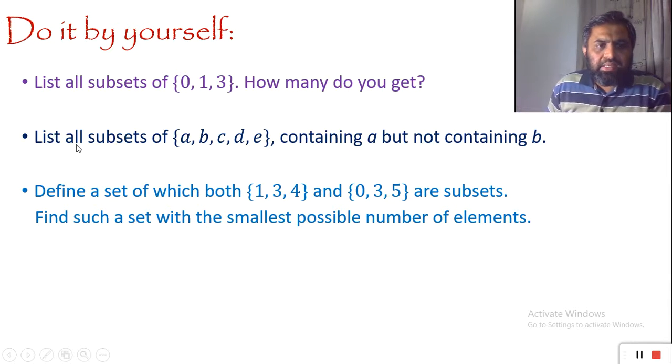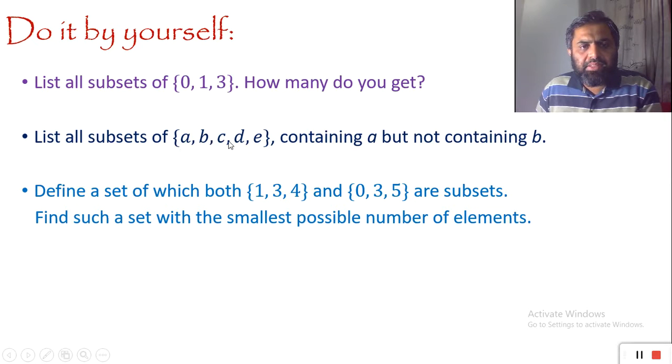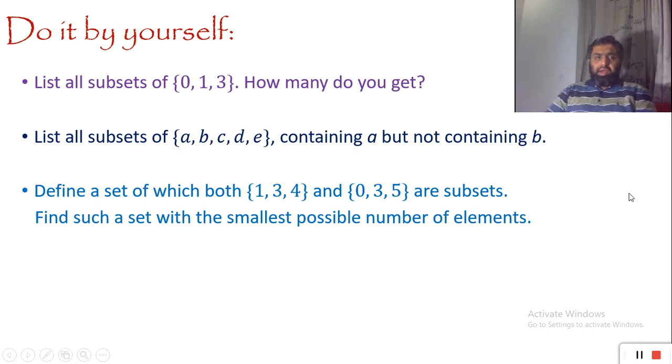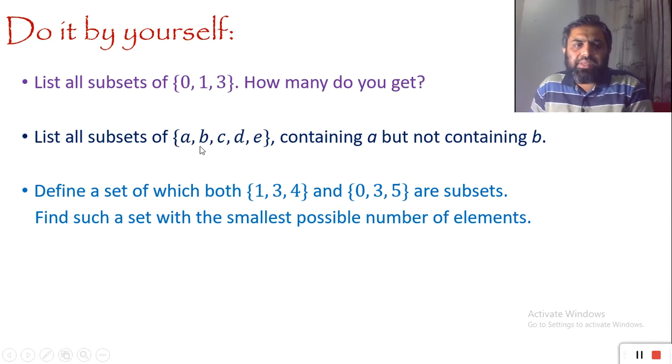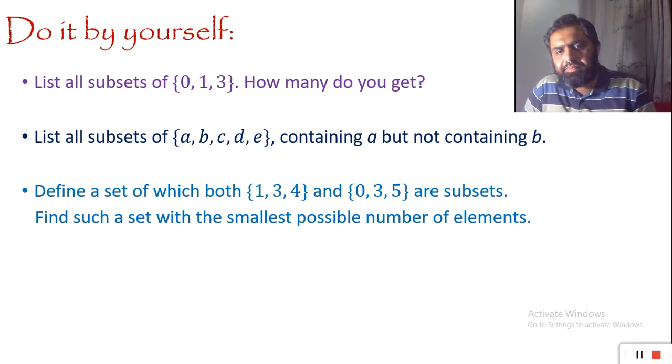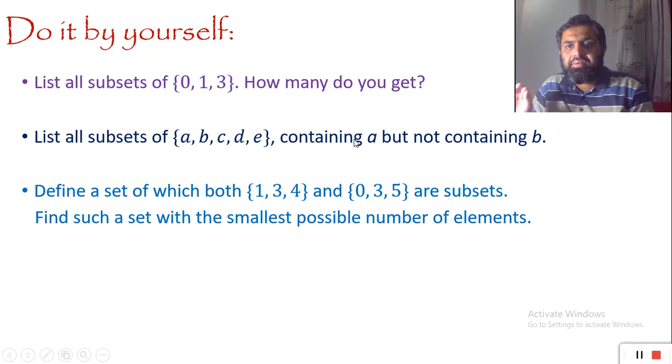Then the second one is to list all subsets of A, B, C, D, E with the condition that they contain A but not B. Although this is a 5 element set, with the given condition we have reduced the free elements that we can choose. Not containing B means B is dropped, so effectively B is not present. And A must be there, so whichever set we take, we have to place A. An easy way is to first take CDE, where we have choices.